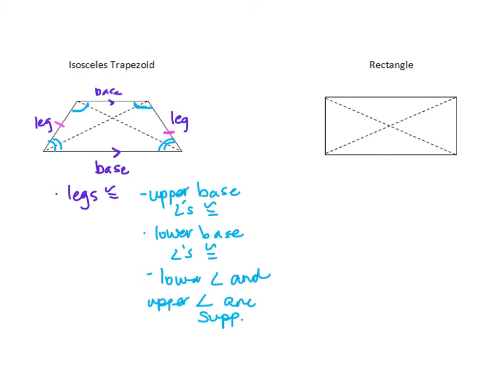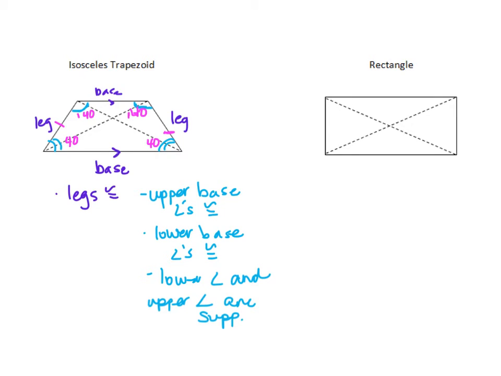So that's telling us that this upper base angle and this lower base angle will be supplementary and add up to 180 degrees every time. So for example, we could throw in some angle measures. Let's say this is 140 degrees. That means this is 140 degrees because those are congruent. And then because these are supplementary to each other, that means that that's 40 degrees and the other base angle is 40 degrees.